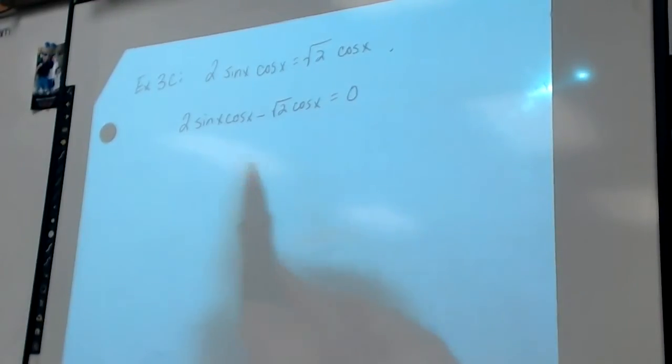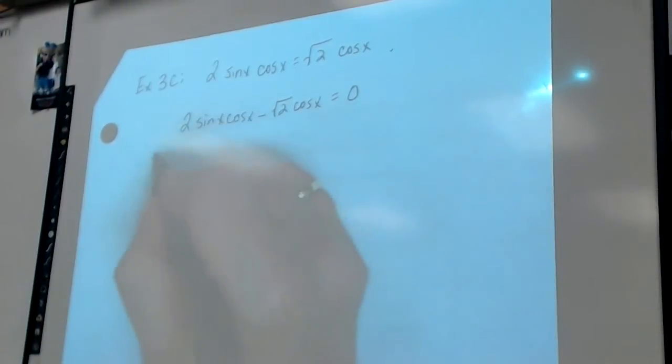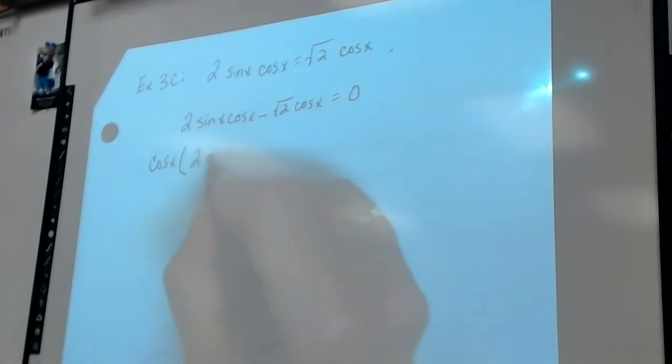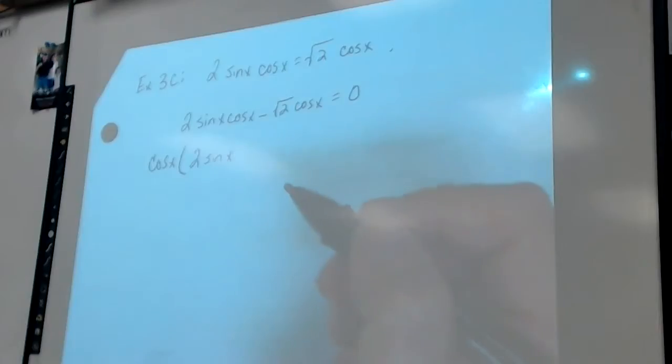Now we can factor because this term and this term have something in common. What do they have in common? Cosine x. So we can factor out cosine x and we'll have 2 sine x minus the square root of 2.